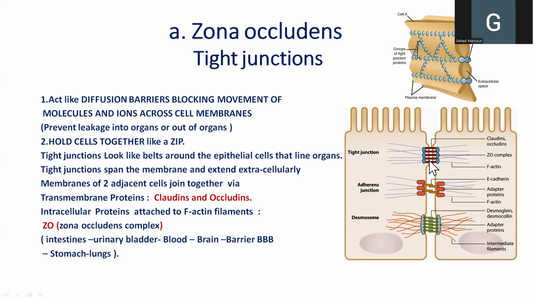And then lower down, we have the adherens junction that will be discussed on the next slide. And basically, the adherens junctions have the same structure, meaning that there are actin filaments to which adapter proteins are connected, the orange ones here, and the adapter proteins in this cell and in the other cell are considered intracellular proteins because they lie totally inside the cell.